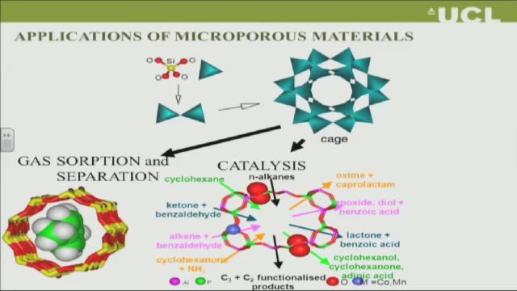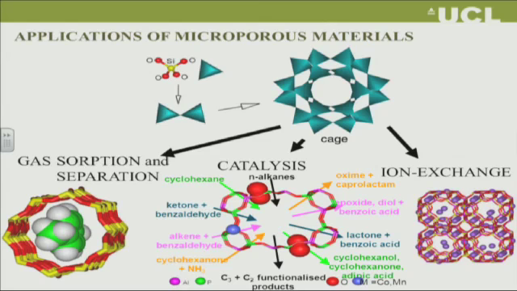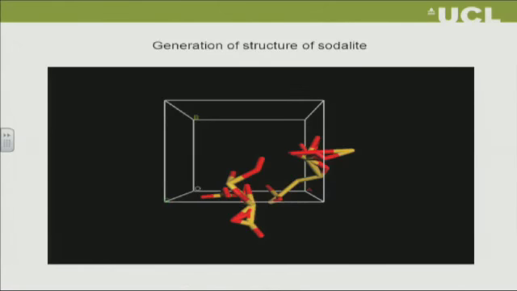Lots of other catalytic properties. They're also used in a very important area in industry, gas separation. These channels are about the same size as many molecules, so you can use them to sieve out, separate one molecule from another. And an older example is ion exchange. In fact, a lot of them are still used in detergents.